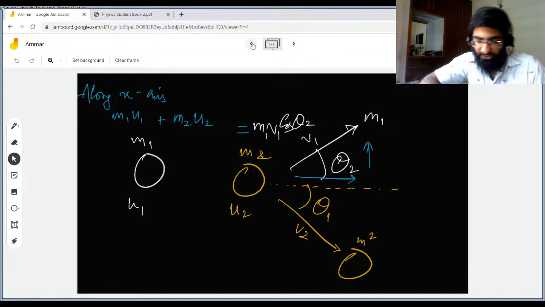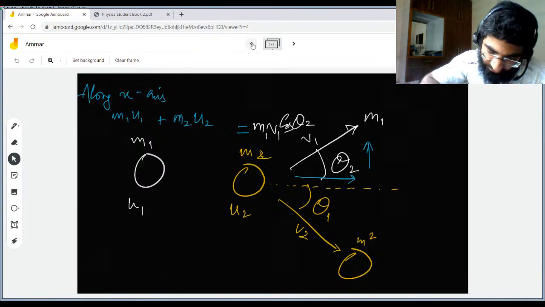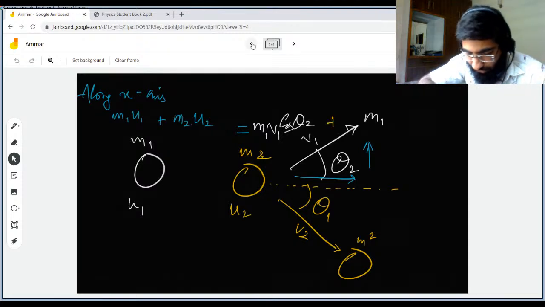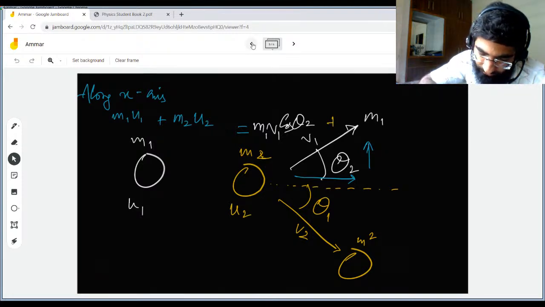And we add to it the momentum of the second body, which would be m2 v2 cos theta 1.